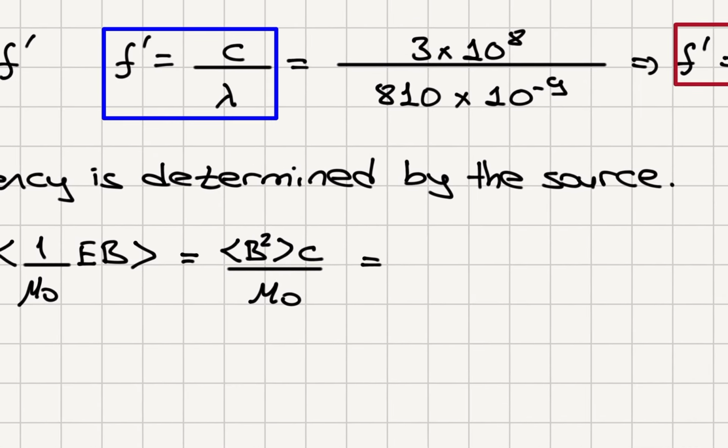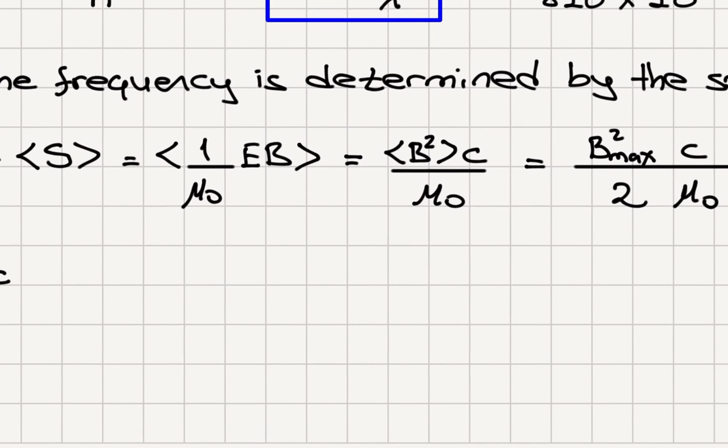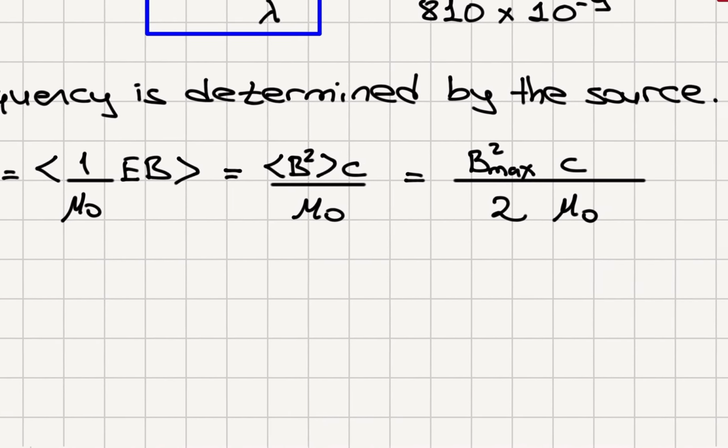And we have shown that the time average value of B squared is the amplitude B max squared divided by 2, and then we have c over mu0. So from this equation, we can determine what B max is.